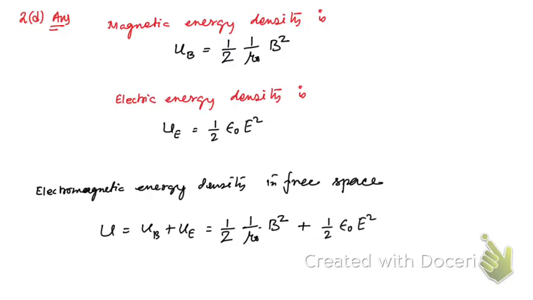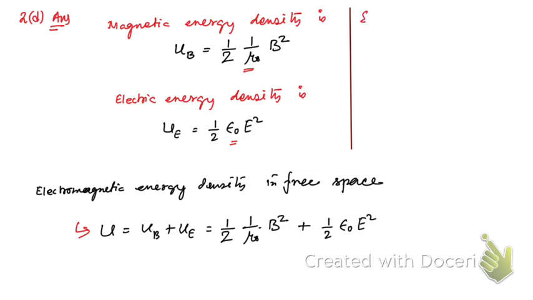Right? So here you see, epsilon naught is the permittivity of free space, and mu naught is the permeability of free space. So that's why this must be the electromagnetic energy density in free space. I hope you know the meaning of the terms used here.